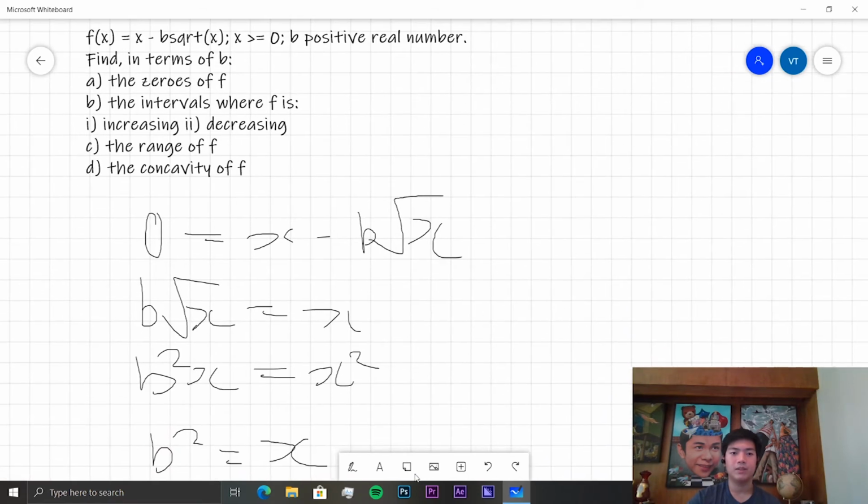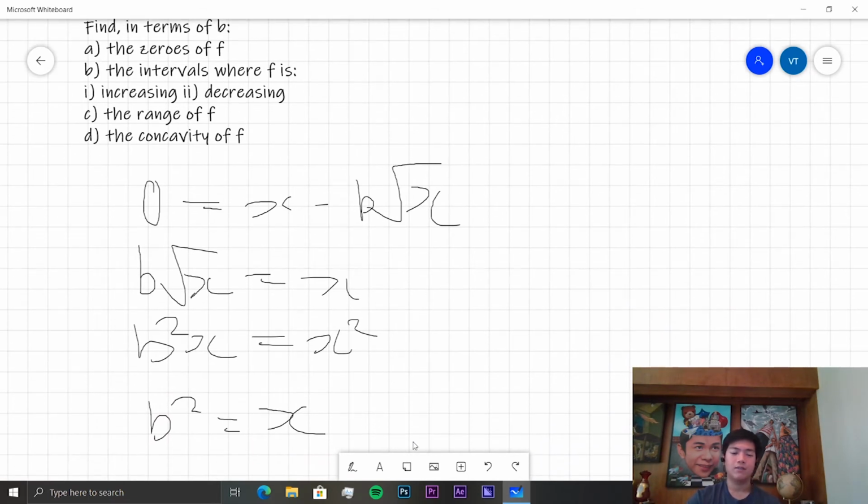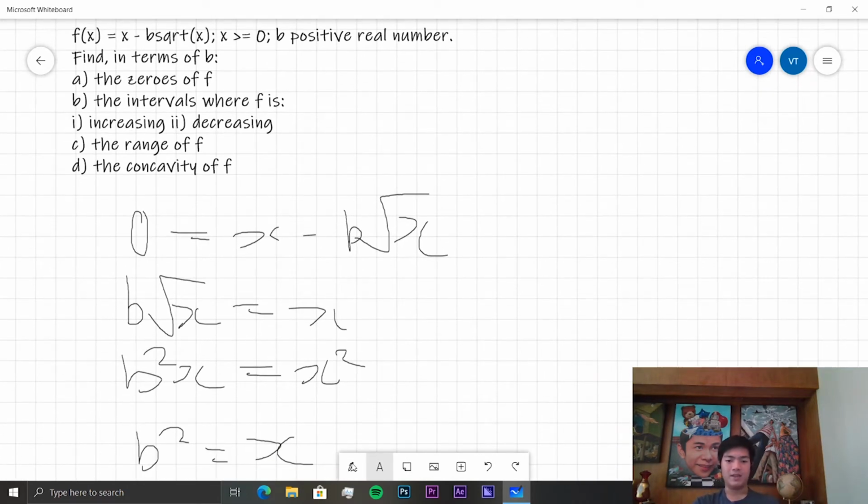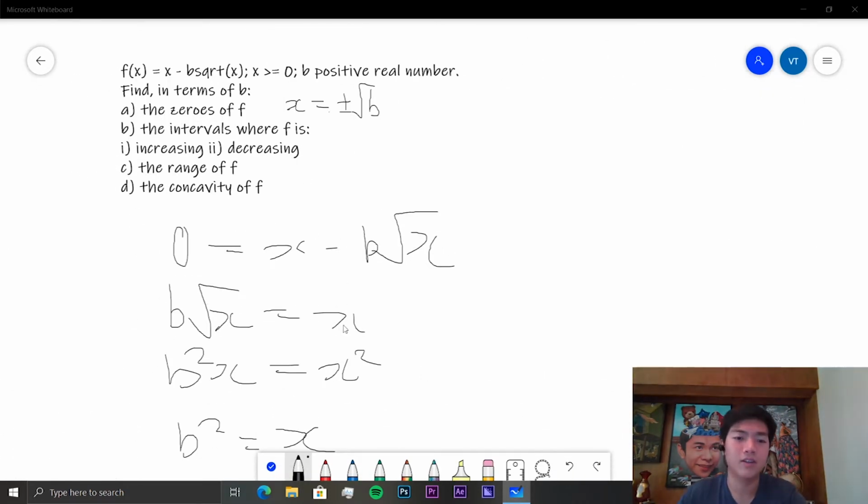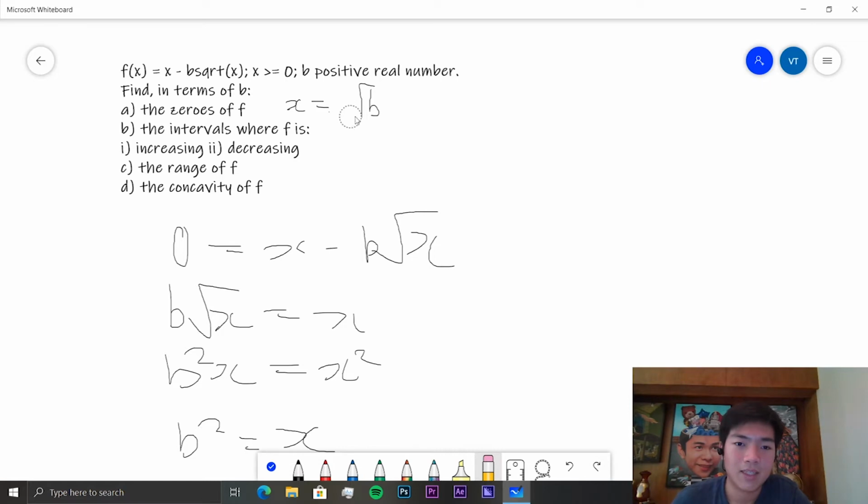B is a positive real number. So the zeros of f would be when x equals b. Oh, sorry, no, sorry. It's when x is equal to b squared. Yeah.